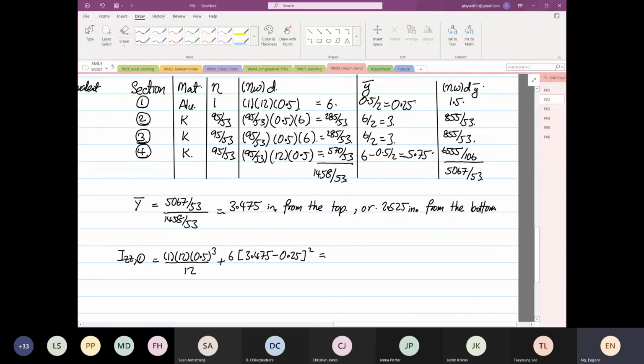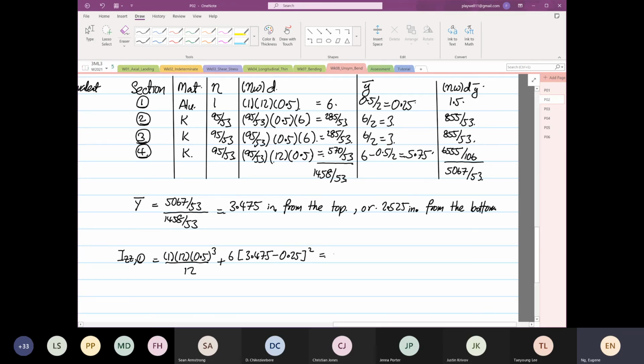I did not even look at the figure, I just look at the table. So 12 times 0.5 power 3 divided by 12 plus 6 times (3.475 minus 0.25) squared. I'll do it again. The answer is equal to 62.528.